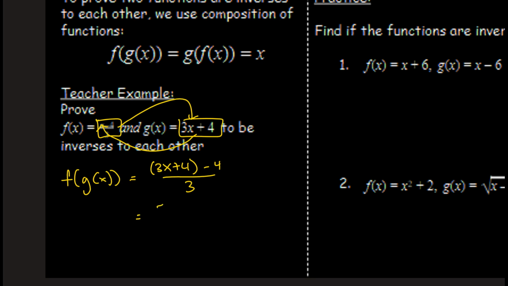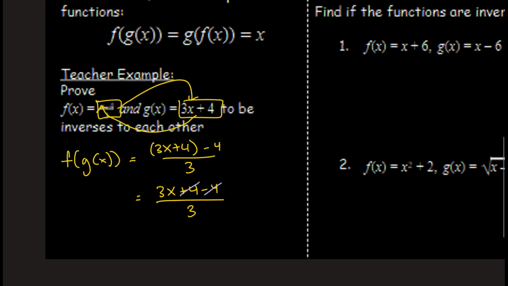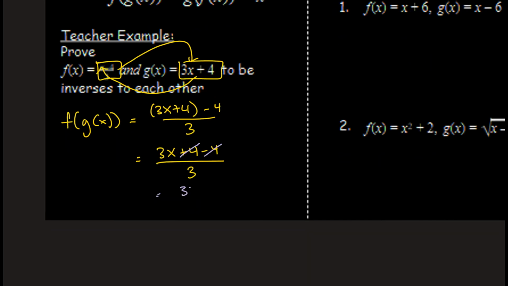So here, first, I combine like terms. What are my like terms? 4 and negative 4. Look what happens. They cancel, and I'm left with 3x over 3. What happens there? The 3's cancel, and you're left with x.